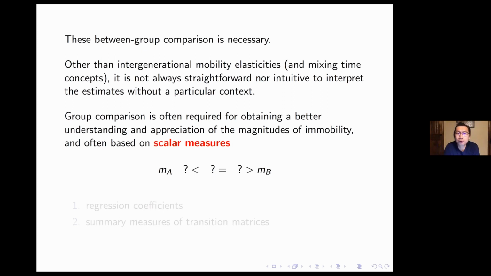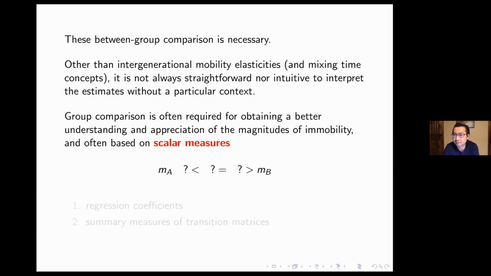This between group mobility comparison is, to me, very necessary, right? Because other than the intergenerational mobility elasticity coefficient, or the one that Stephen talked about yesterday, the number of time periods it takes to reach the stationary distribution, it's not always straightforward or intuitive to interpret some of the other estimates, for example rank regression and transition matrix.